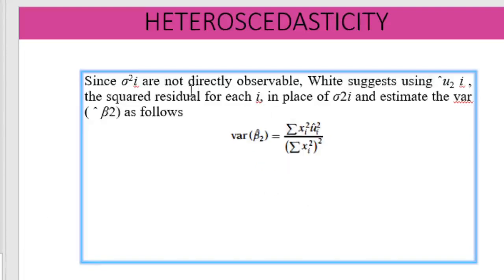Since sigma i square is not directly observable, use ui cap square, that is the squared residuals for each i, in place of sigma i square. So the estimated variance of beta 2 cap equals sigma xi square ui cap square divided by sigma xi square the whole square.